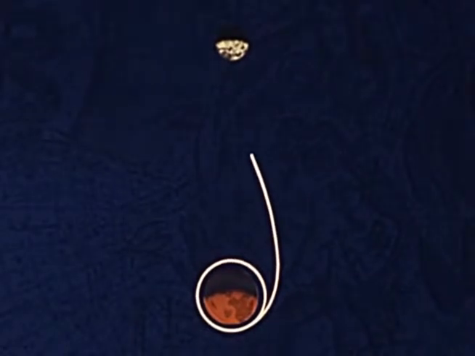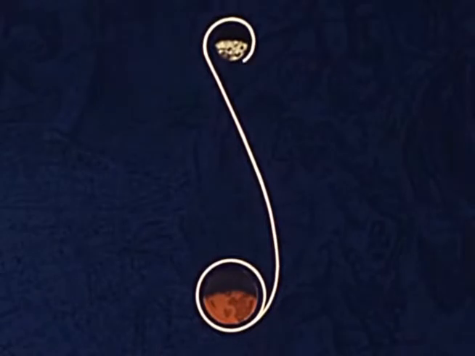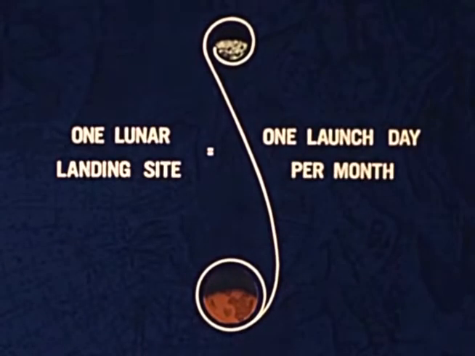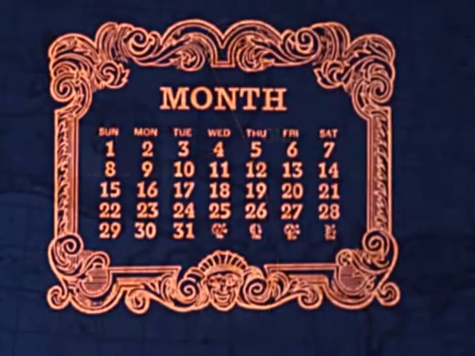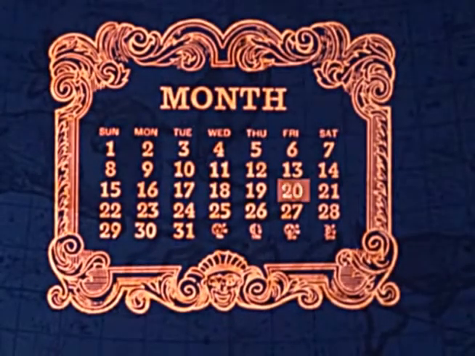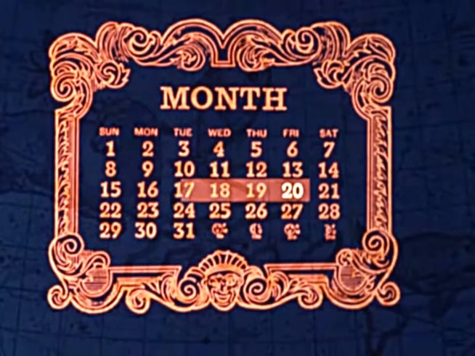Since a free return trajectory has been chosen for safety reasons, and transit time on this type of trajectory has only a very small variation, the time of travel from Earth launch to lunar landing is relatively fixed. This means that only 1 day per lunar month is suitable for launching the mission. That is, if you must land on this day, since it takes approximately 3 days to get there, you must launch on this day.